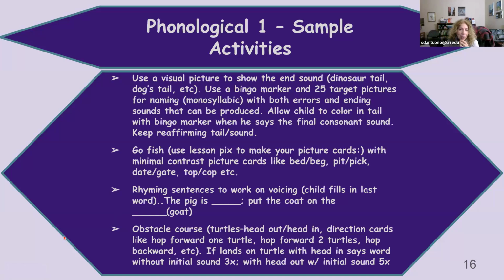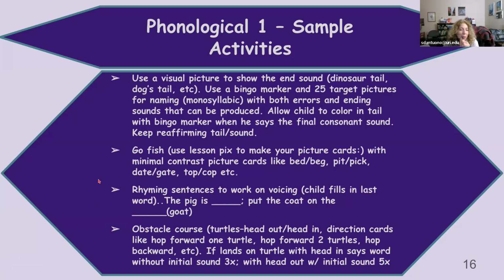Another fun game we've talked about before is Go Fish. You can use it for anything. And you can use minimal contrast picture cards like bed and beg, pit and pick, date, ate, top, cop. Use rhyming sentences to work on voicing. The child fills in the last word. The pig is big. Put the coat on the goat.